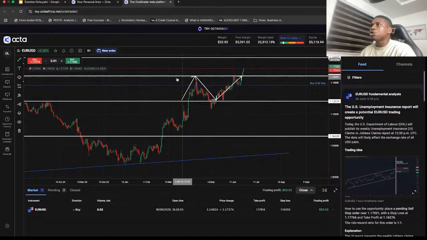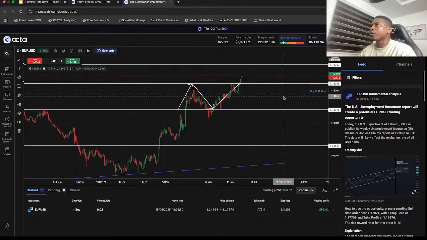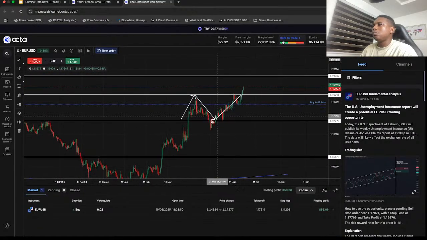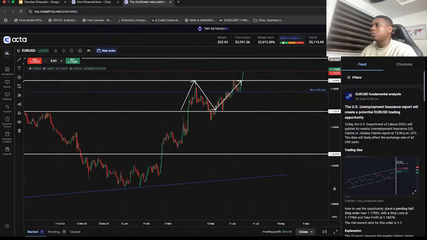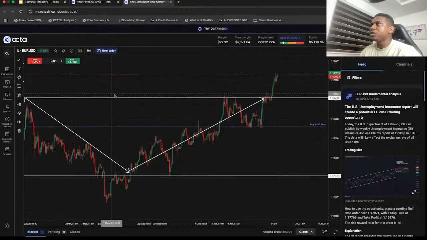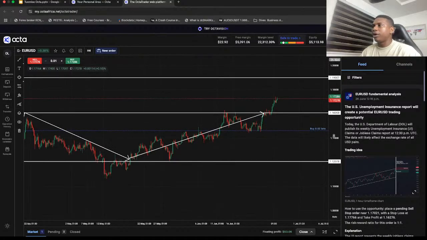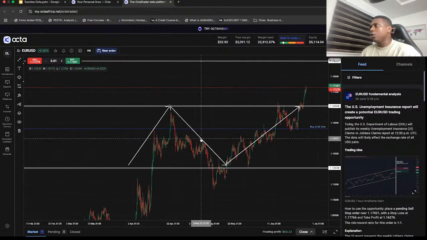All right, so now on this level we are seeing that price is on a continuous buy momentum. Let's go down to the 4 hours time frame to see more closely what price is doing. Okay, good.